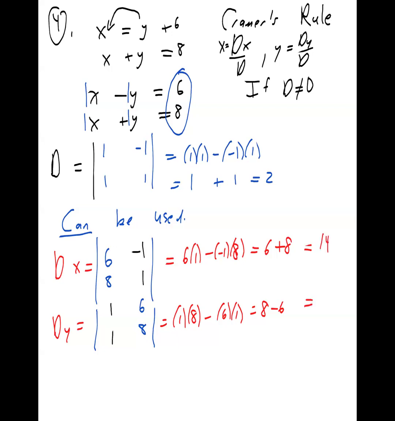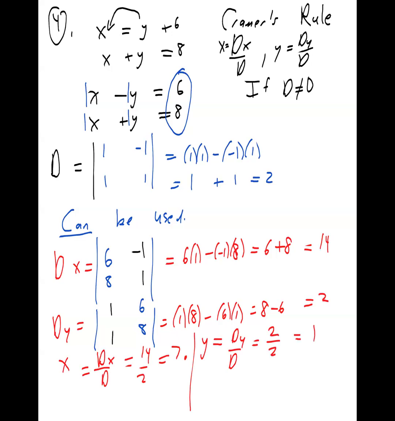And 8 minus 6 is 2. So this means x equals dx divided by d, which is 14 divided by 2, which equals 7. And it means that y equals dy divided by d equals 2 divided by 2, which equals 1.